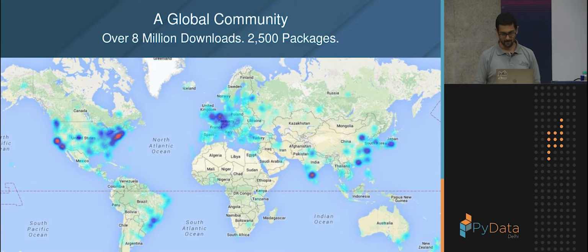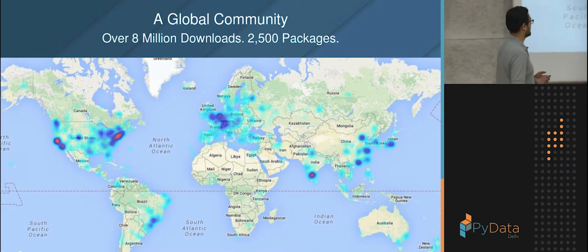All right, so I'm going to finish up with a few topics about open source and contributing to open source and the community. The Julia community has seen about 8 million downloads. It's about 2,500 packages, and it's just growing. I personally did all of my work on the open source Julia language in India, in Bangalore.